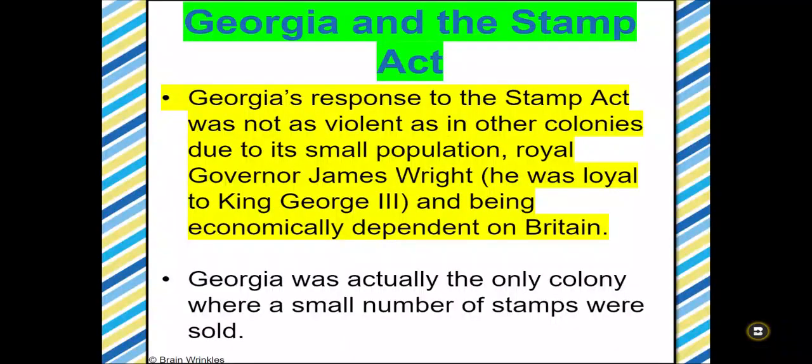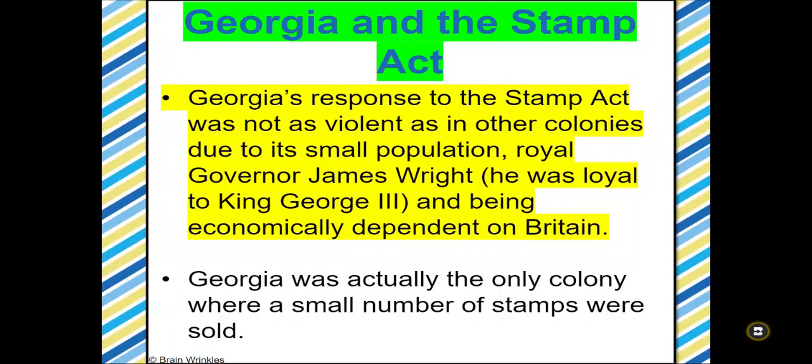Now when it came to Georgia and the Stamp Act, of all the British colonies, Georgia really didn't have as much of a violent reaction to it. There were a lot of reasons, because you've got to think about it, at this time Georgia was still small compared to other British colonies, and they were poor. We were poor here. And then the governor, remember, we're in a royal period at this time.